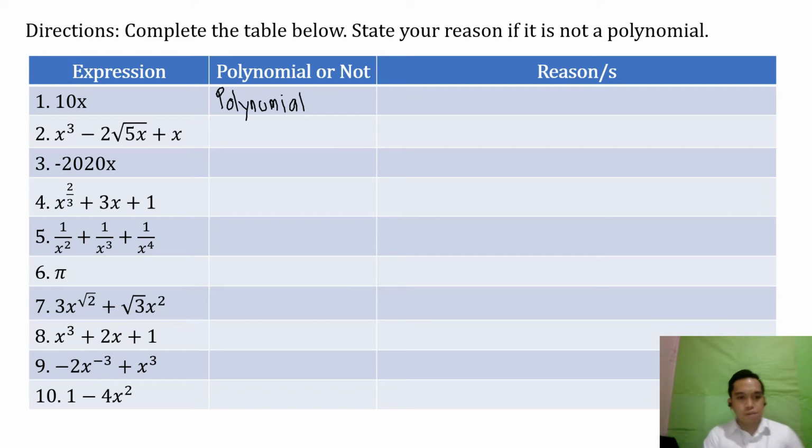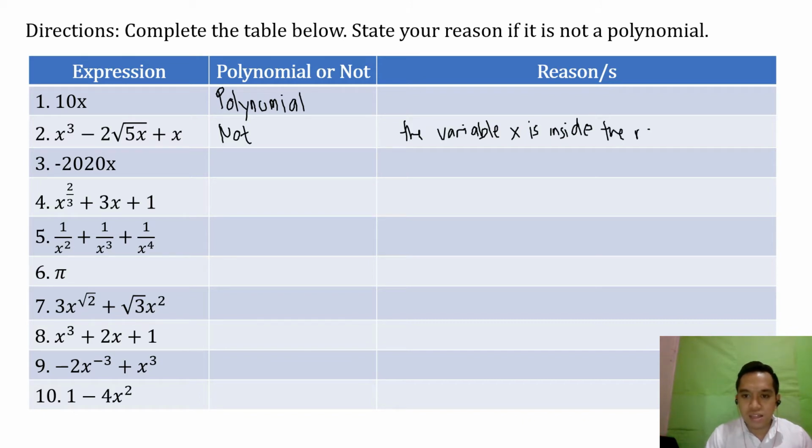Okay, number 2, x cubed minus 2 square root of 5x plus x. Number 2 is not a polynomial, since the variable x is inside the radical sign.